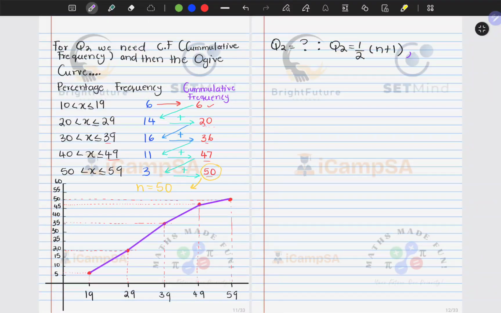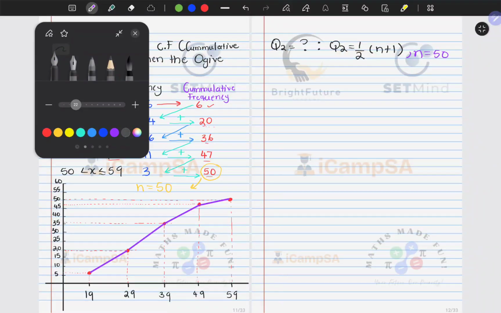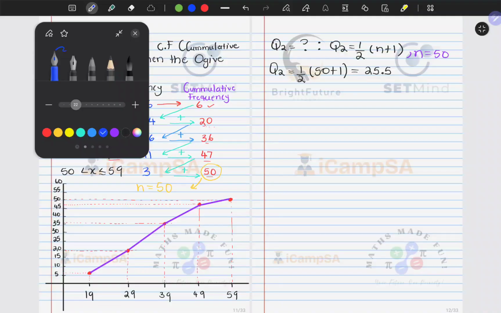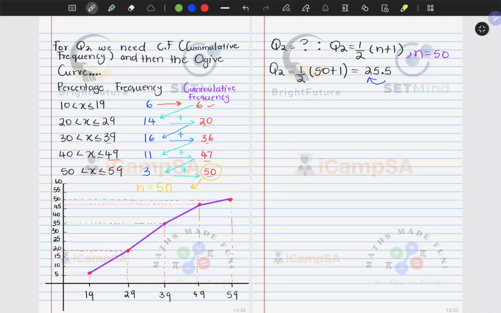So we'll go ahead and do our calculation knowing that n is 50. So our Q2 will be half of 50 plus 1, which is 51 divided by 2, which is 25.5.